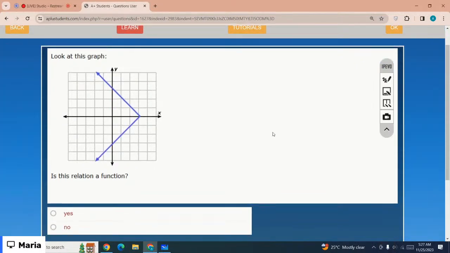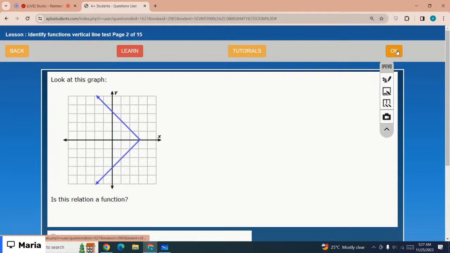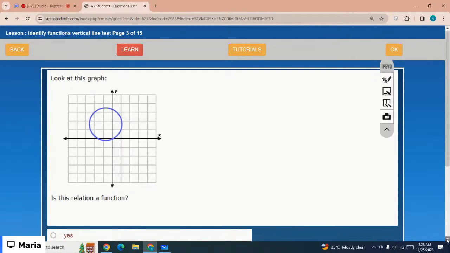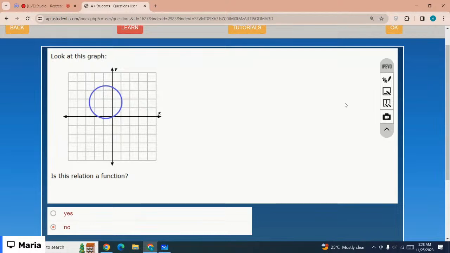So the correct option is no, this is not a function. Look at this graph. Is this relation a function? Which is the correct option? The correct option is no, this is not a function.